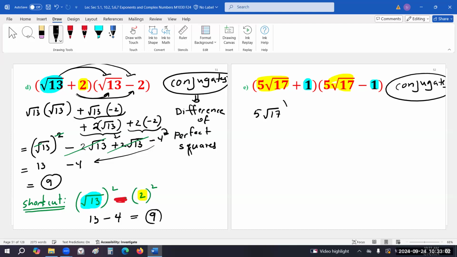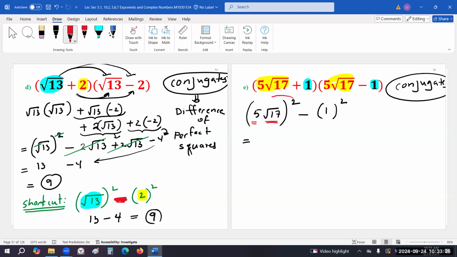Five square root of 17, squared, minus 1 squared. And here the exponent rules. We have 2 things inside, right? One is 5 and one is square root of 17.